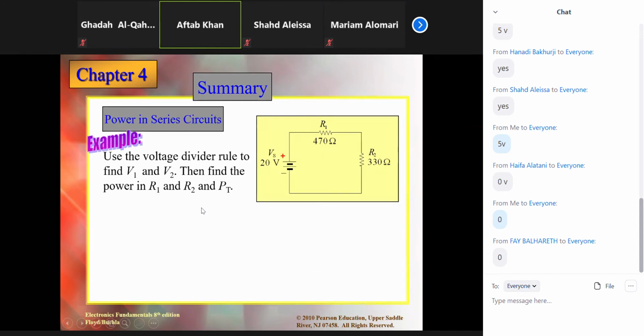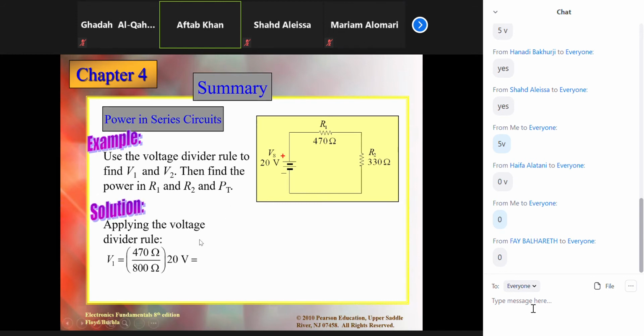Okay, so power in series circuit. Power in a series circuit, girls, is again so simple to calculate. We can use the voltage divider to find V1 and V2. Once you know V1 and V2, you can simply find P1 and P2.